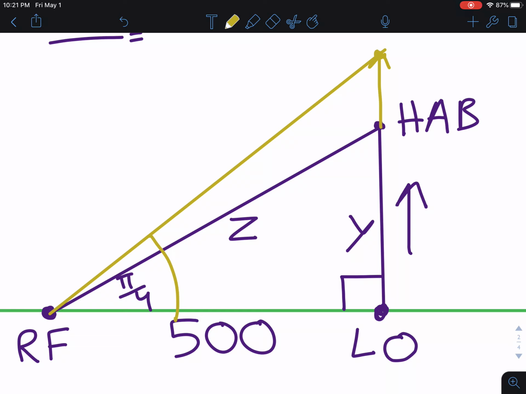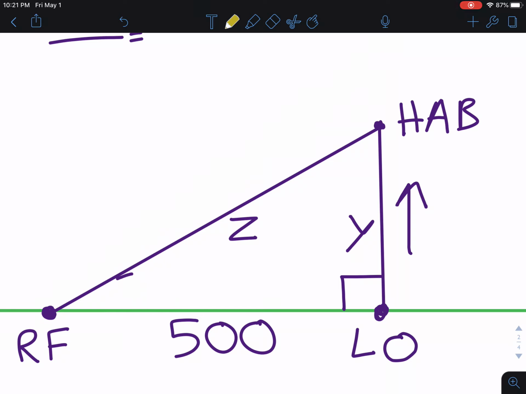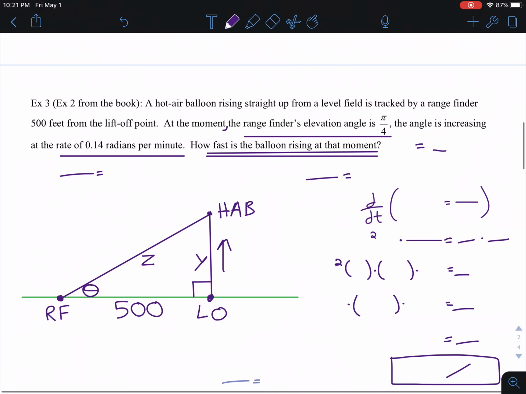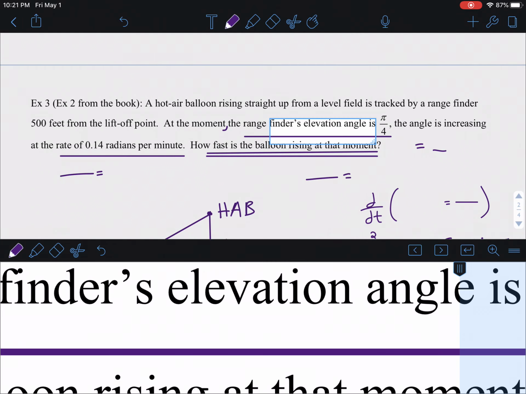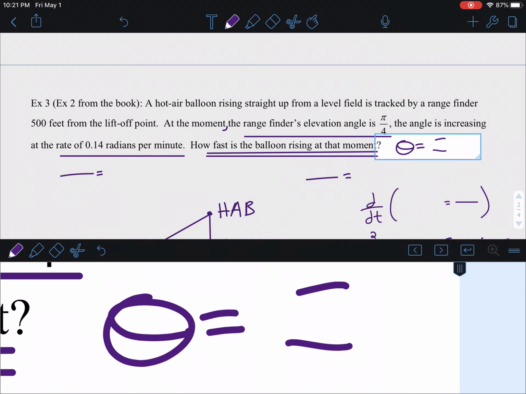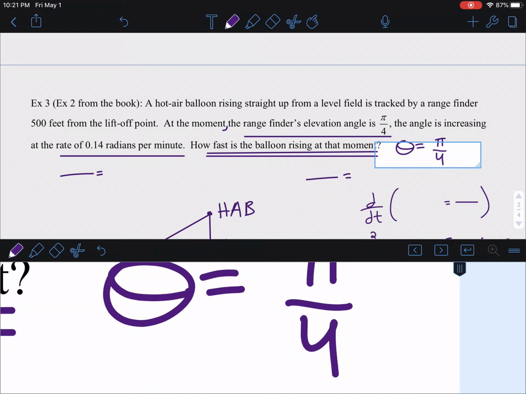So it's not going to always be pi over 4. This is a really important concept for you to understand. What is going to change as a result of the motion we're talking about? So I'm going to leave that as marked theta, but at this moment that we care about, theta is going to be pi over 4, okay?